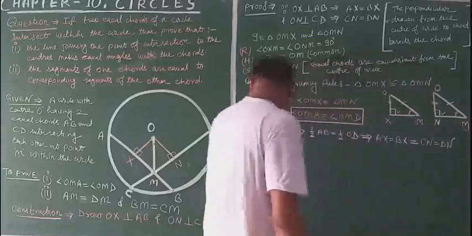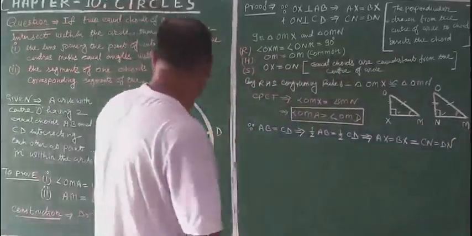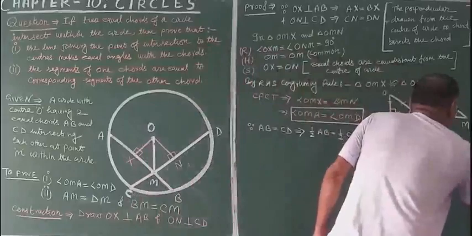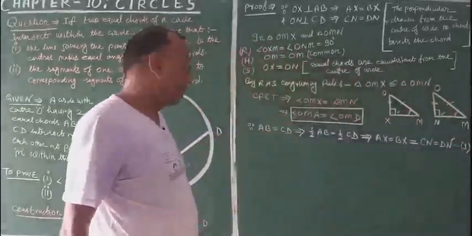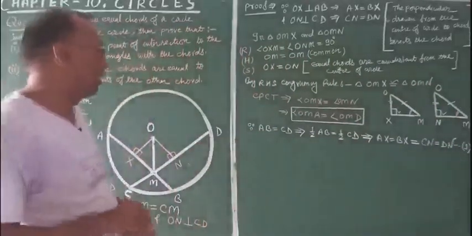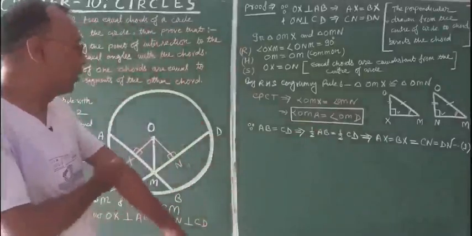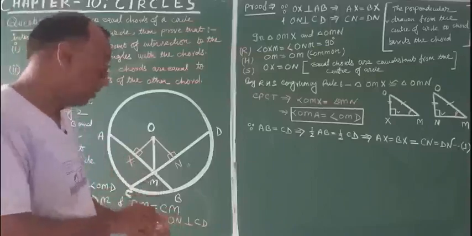And suppose this is equation number 1. Is it okay? Now what are you given? AB is equal to CD. Therefore, AX is equal to BX and CN is equal to DN. First thing is this.